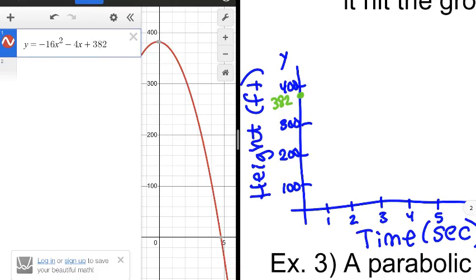And then it hits the ground after 4.76 seconds. So it goes like this.